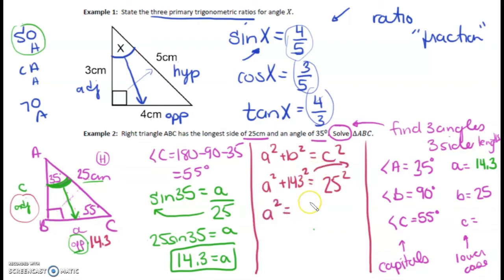Okay, so we're going to have 25 squared, which is 625, and then 14.3 squared, which is 204.49. Okay, so 625 minus 204.49, I get 420.51.